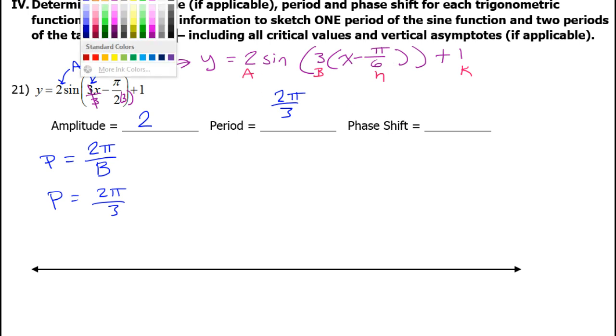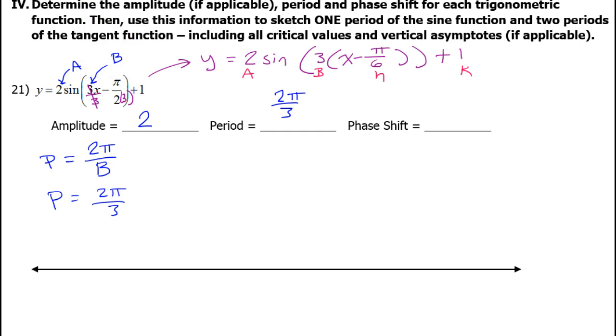So that's why the phase shift is going to be pi over 6. If this had been x plus pi over 6 inside of there, then my phase shift would have been negative pi over 6 in that case. But it wasn't, but I just wanted to be clear that it's the opposite sign as this.